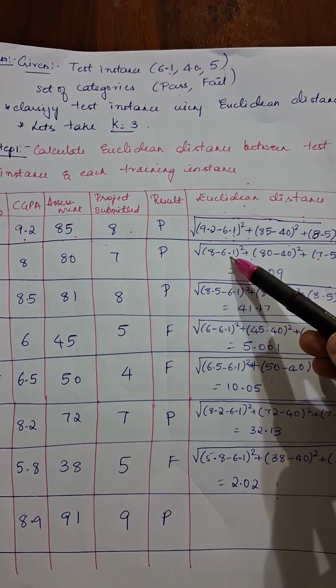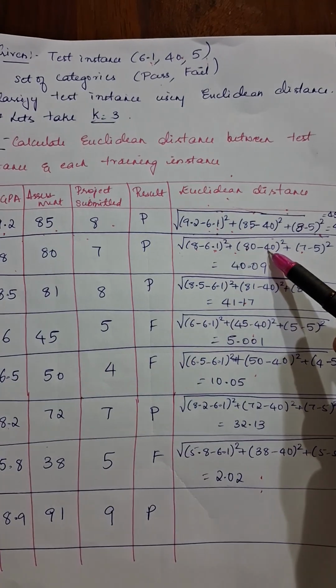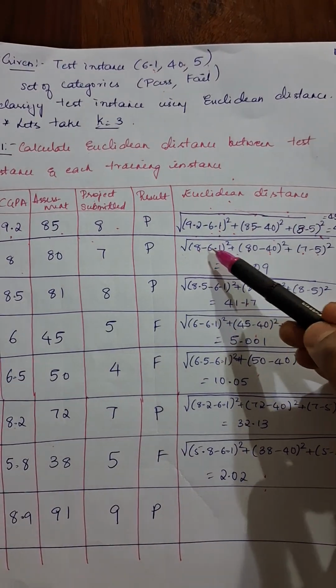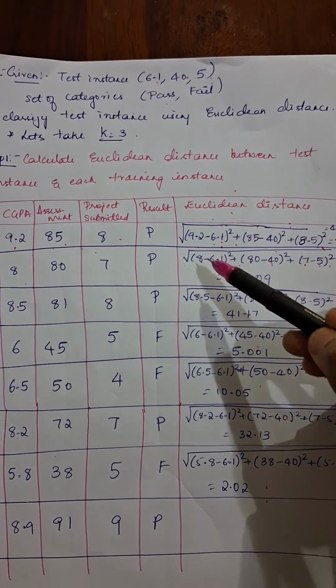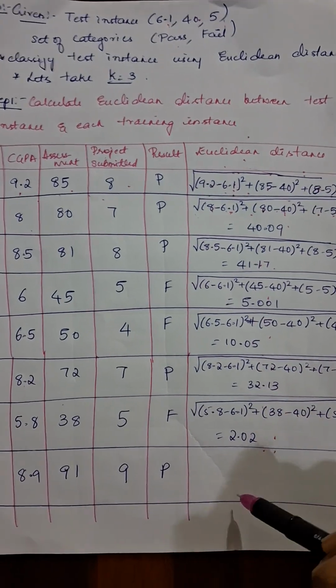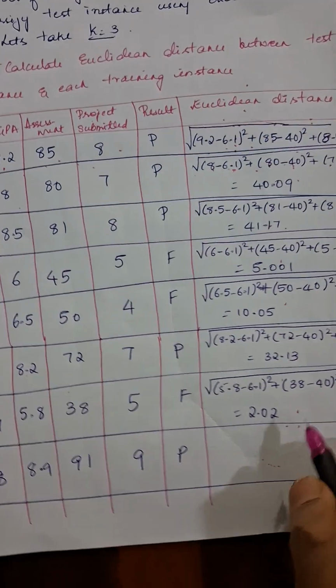This is the test instance CGPA, test instance assessment, test instance project submitted. Square each of them separately, add them up and then take the square root. I have calculated the values for all of them. Let's now try to find it for the last one.